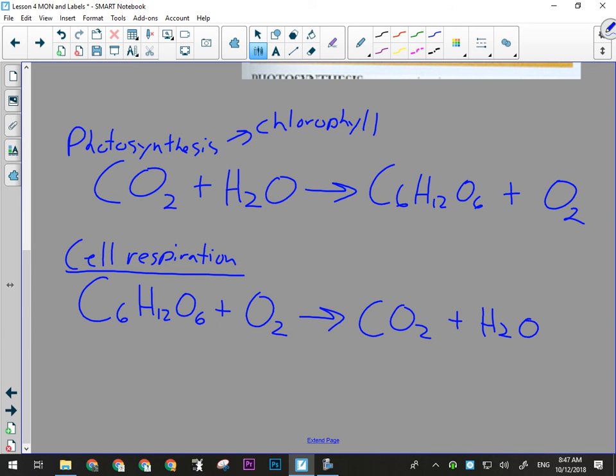Cellular respiration requires mitochondria, which is why you see mitochondria in both plants and animals and fungus. You see them in all the major eukaryotic organisms.